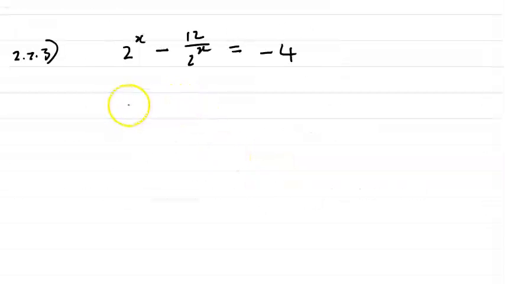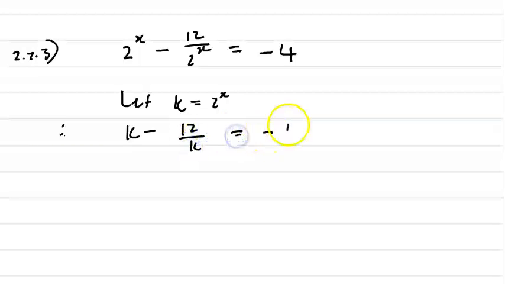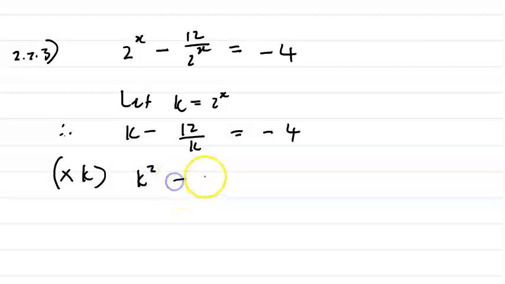So we said that we're going to let k equal 2 to the x. Therefore, we'll have k minus 12 over k equals minus 4. Then we multiply across by k, which will leave us with k squared minus 12 equals minus 4k.